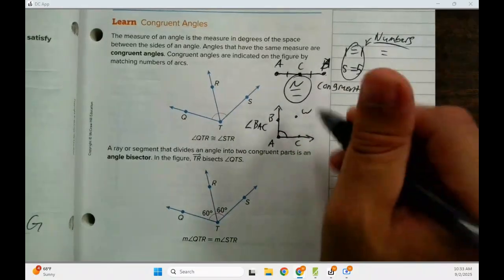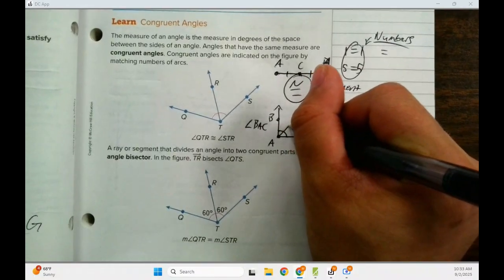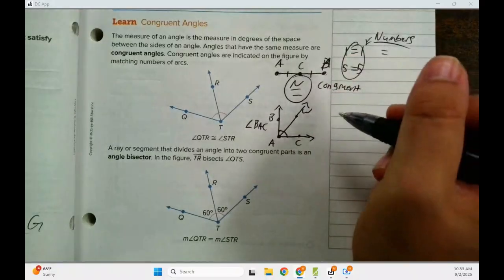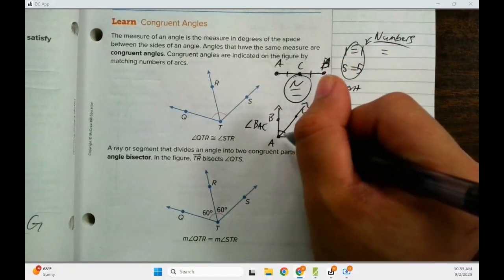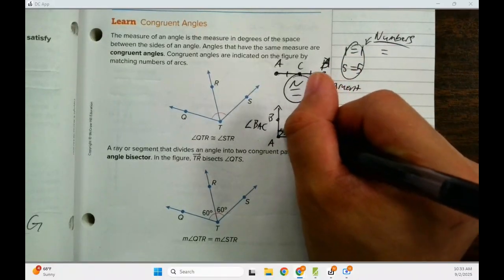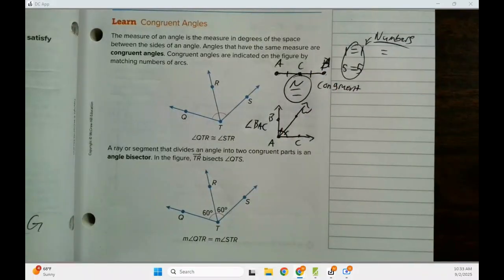I'm going to play the game, connect the dots, and I'm literally just going to connect A to W with another one of my rays. But notice, I cut the angle in half. That means they are congruent to each other.